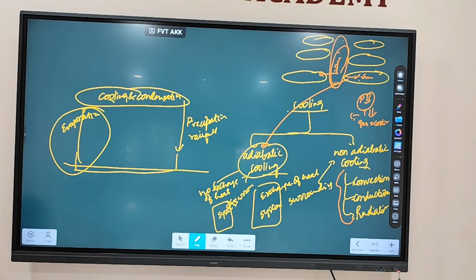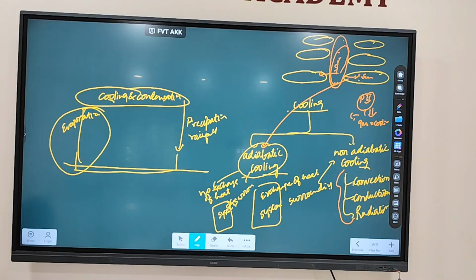As you go up, air becomes less dense because of gravity. All the heavier gases are attracted by the earth, so they are at the earth. As you go up, you feel a problem in breathing in mountain areas.